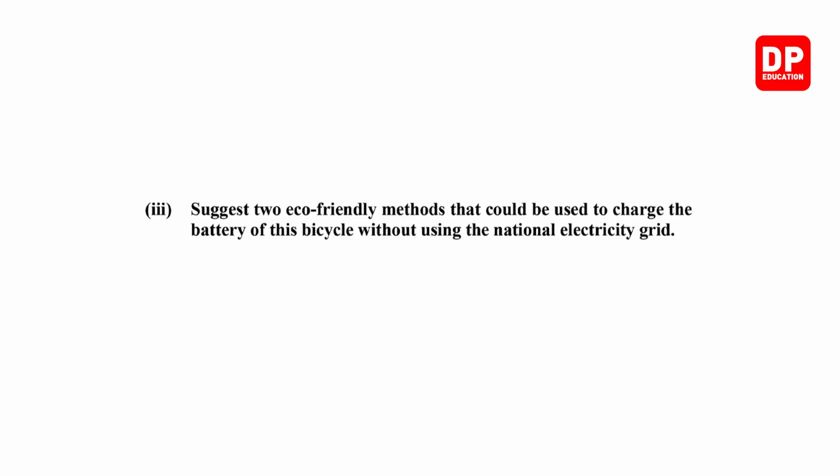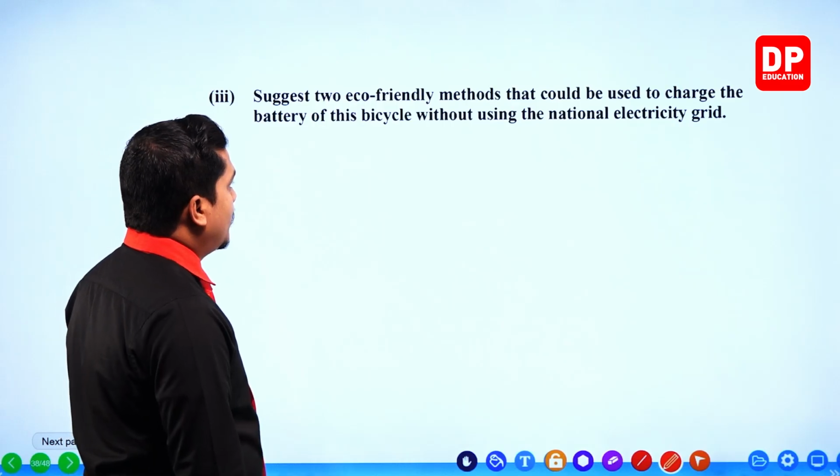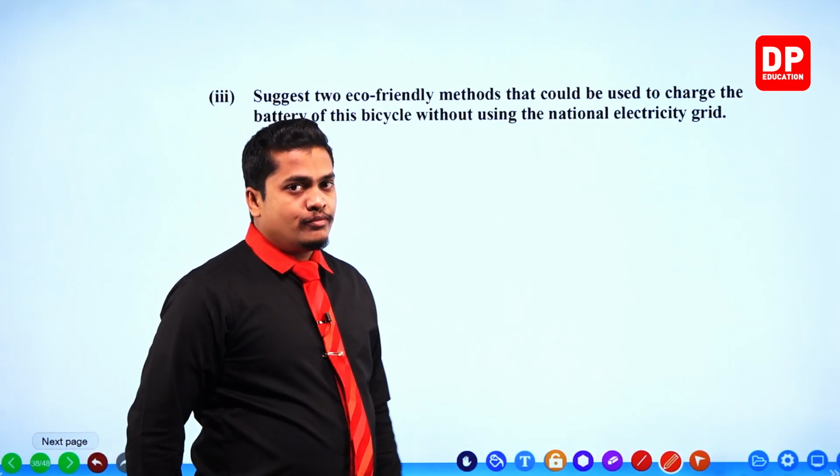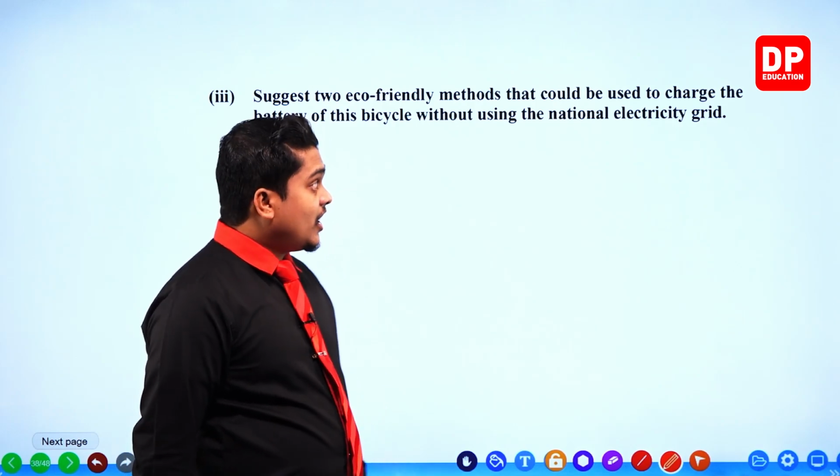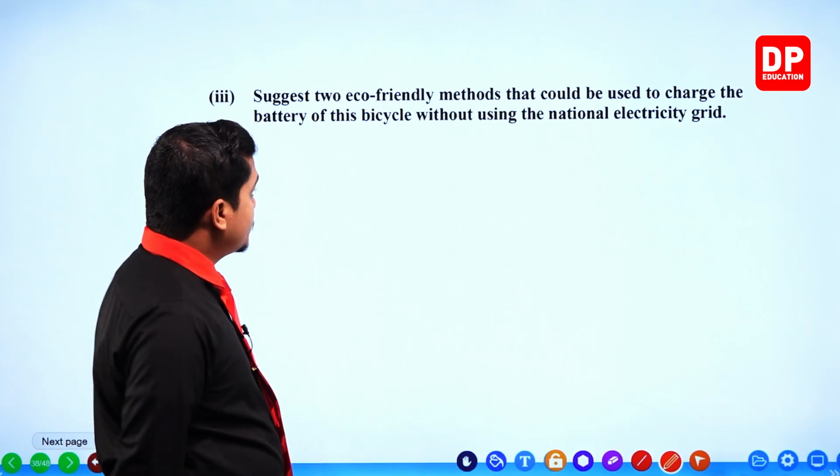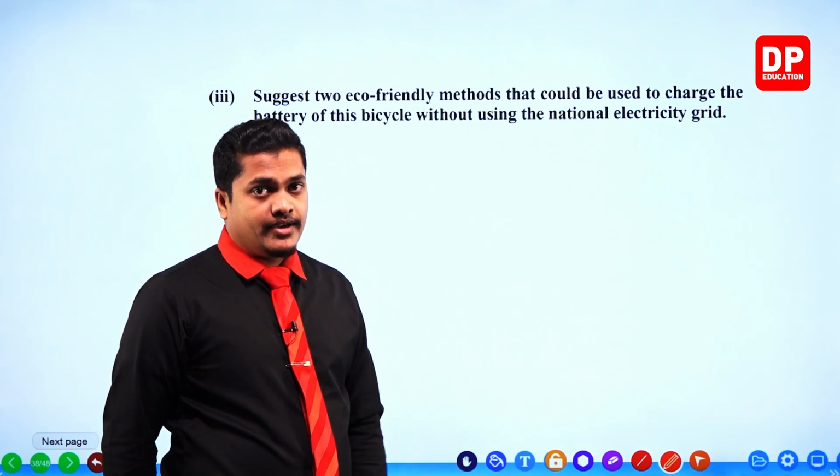Next one. Suggest 2 eco-friendly methods that could be used to charge the battery of this bicycle without using the national electricity grid. So you need to suggest 2 methods to charge this battery without the usage of the national electricity grid.